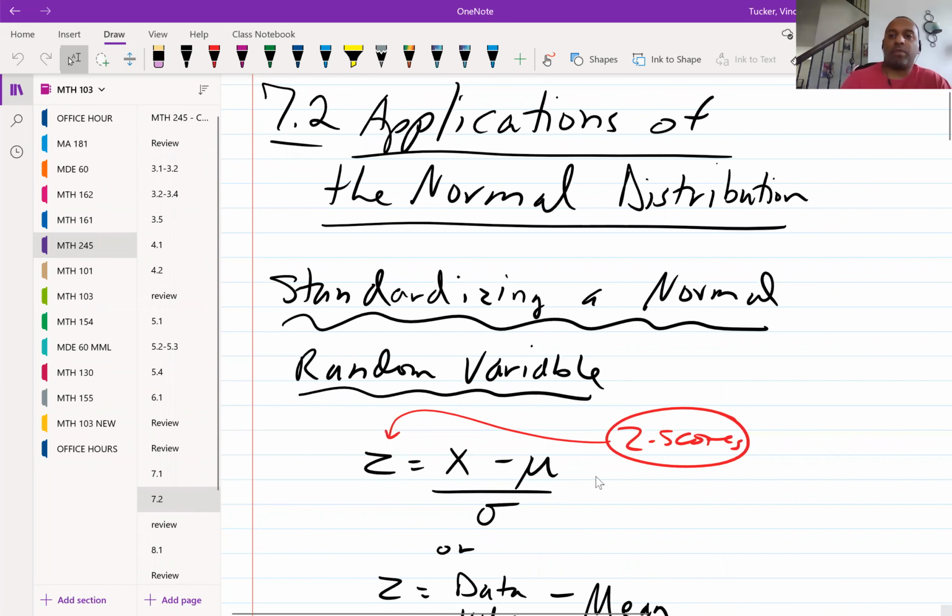So, applications of normal distribution. We talked about z-scores. We were introduced to z-scores back in chapter 3, and here we're actually going to look at the application of your z-scores. Your z-score formula is your data value minus the mean, divided by the standard deviation.